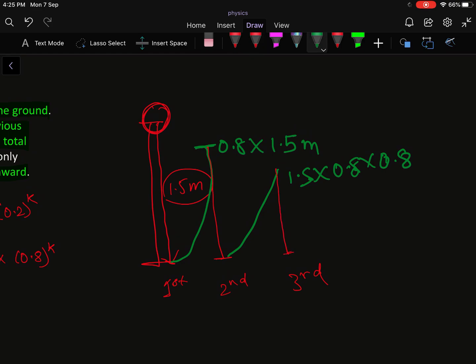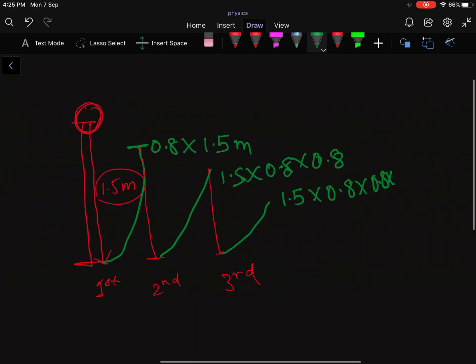So this will again go up, and this time it will go till 0.8 into 0.8 into 0.8, correct? And this will be till the fourth bounce. This will be the fourth bounce, right?